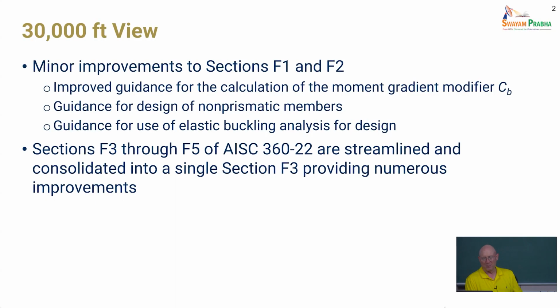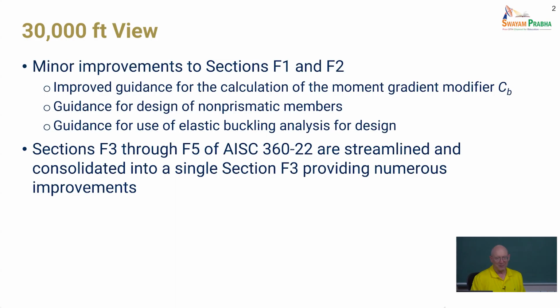Some minor improvements to the first sections of Chapter F, which addresses flexure, but those are largely remaining the same. And there's going to be an attempt to address non-prismatic members and provide guidance in the specs to make it clearer how we can use elastic buckling analysis for design. So some of that is showing up in sections F1 and F2.